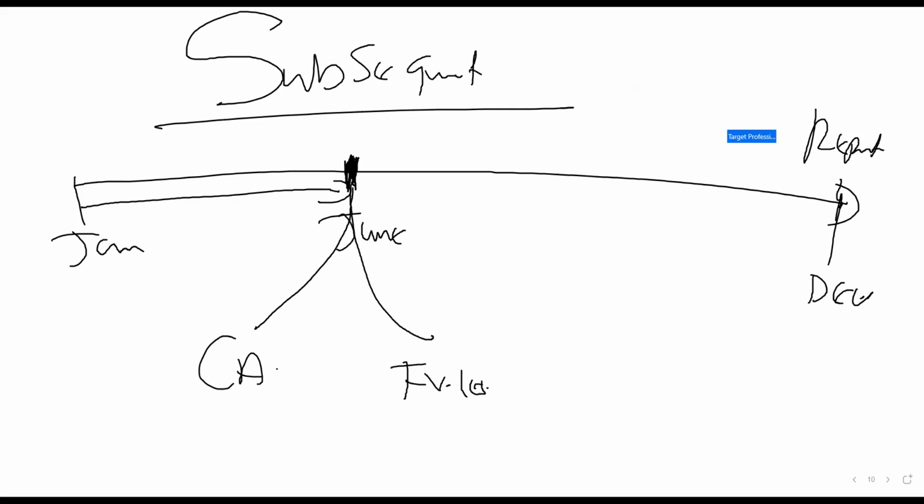Subsequent measurement. That means at the end of the reporting period. So please, the January, June, December, and then the carrying amount.